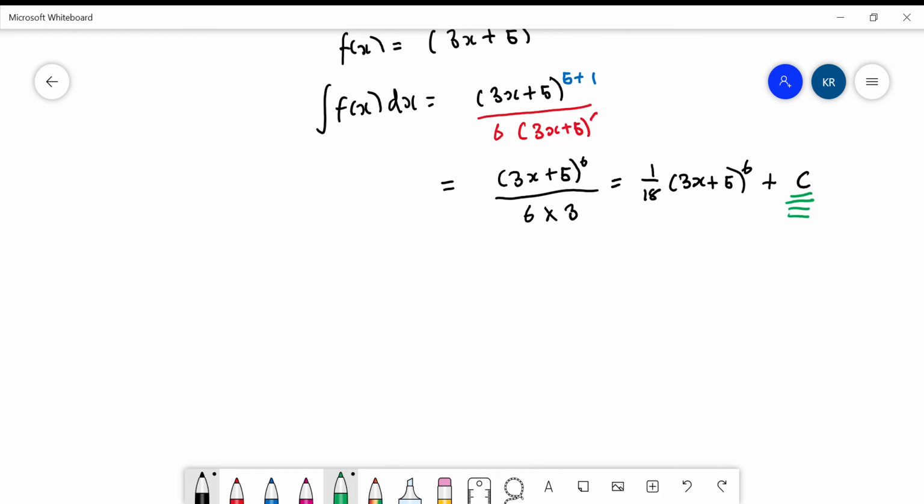So now let's extend our principles of integration and generalize.